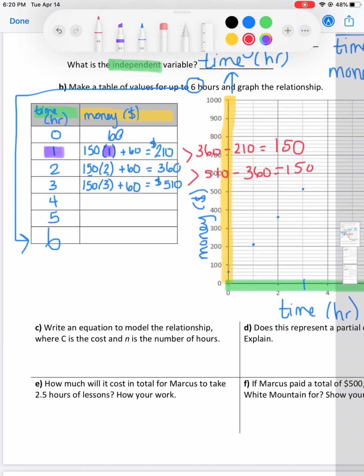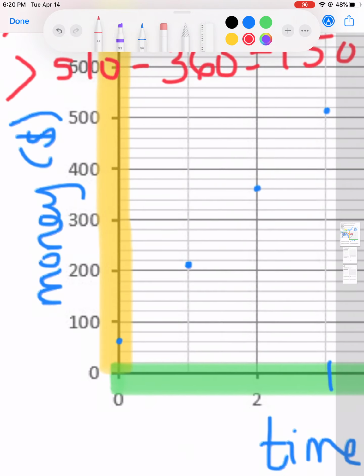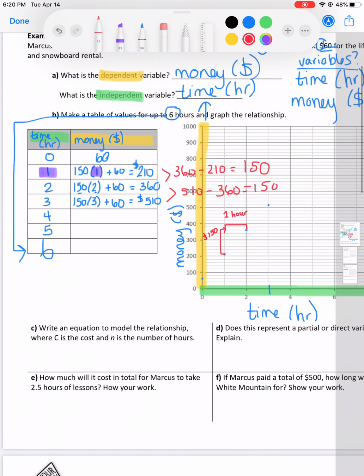So that means this is my slope, right? Because from here, I know these are pretty points because we know what they are. This rise is $150 because it's per hour. This time is 1 hour. So what is my rate of change?